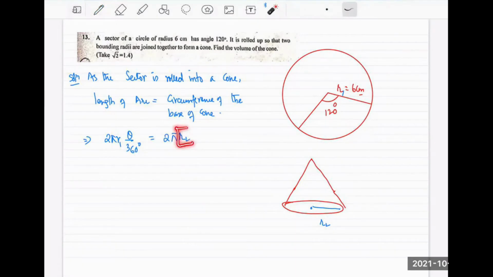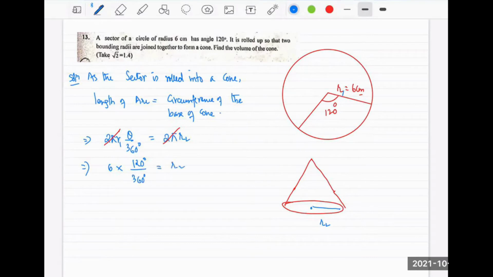We want to find out R2, okay? Now you can cancel out whatever is equal on both sides before we put in the actual values. 2 pi and 2 pi can cancel out. Now you can put in the values. What is R1? R1 is the radius of the circle, so we put in 6. How much is theta? Theta is 120 degrees as given in the figure.